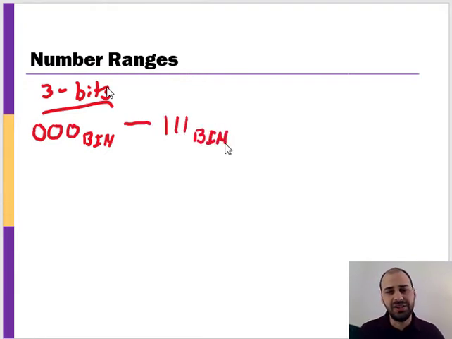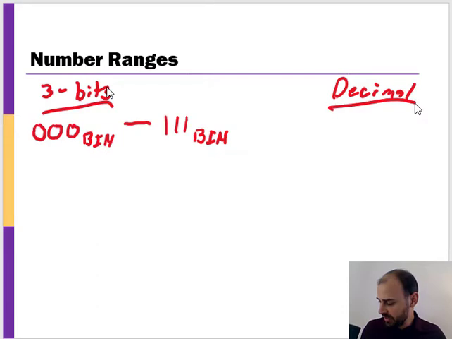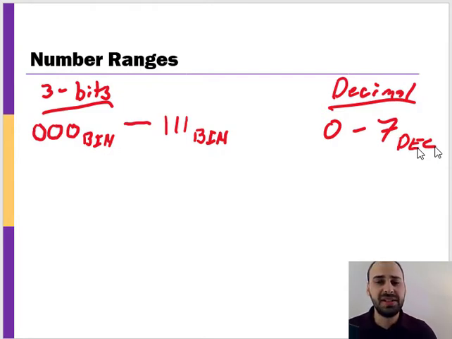That's the range. If we write that as its decimal base 10 equivalent, that range is 0 to 7. You can do it out: 1, 1, 1 is 4 plus 2 plus 1, and you get 7.